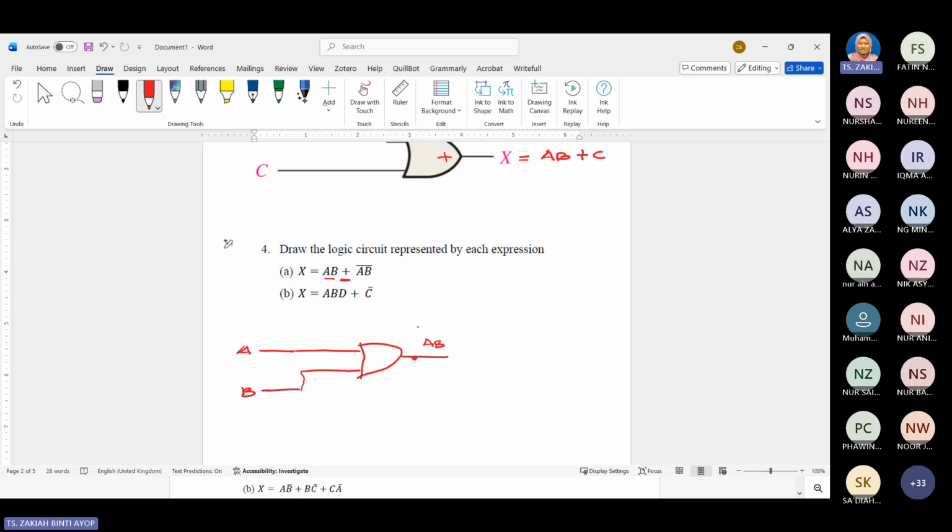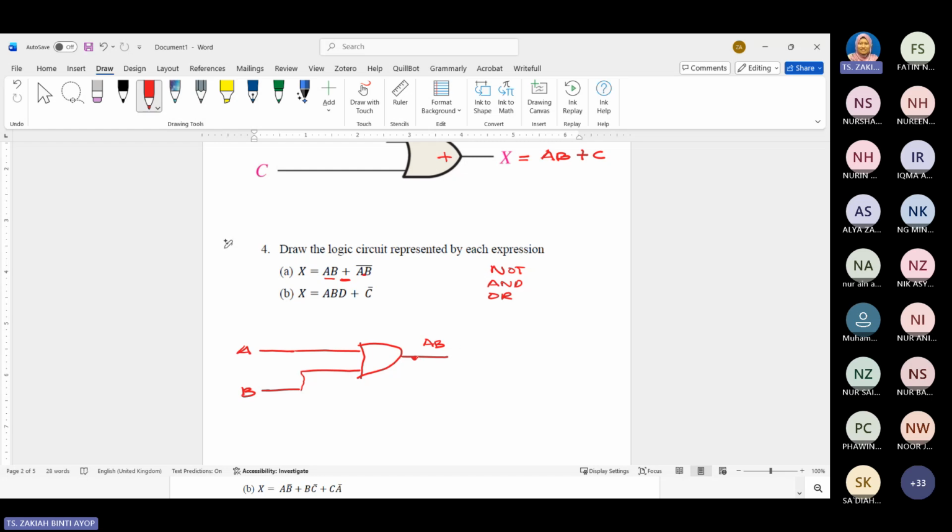So look at the degree of priority, which means which one starts first. Actually, it's NOT, then AND, and lastly OR. But in this case, the NOT here is executed after the silent AND on A dot B.